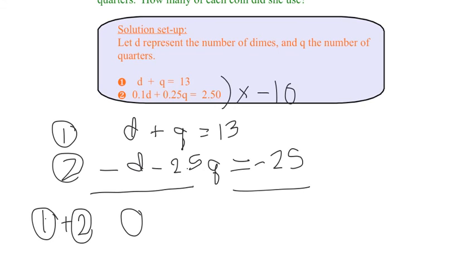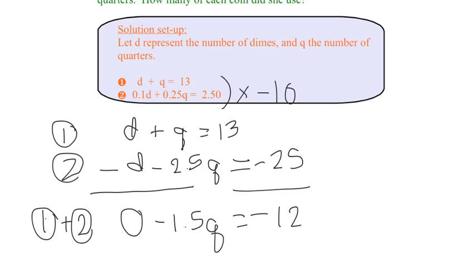Q minus 2.5Q is negative 1.5Q. And finally, 13 minus 25 is negative 12. So that's my new equation, and you can see that it's only got one variable, the Q. The D has been eliminated, which is what I wanted, because this is a lot easier to solve.